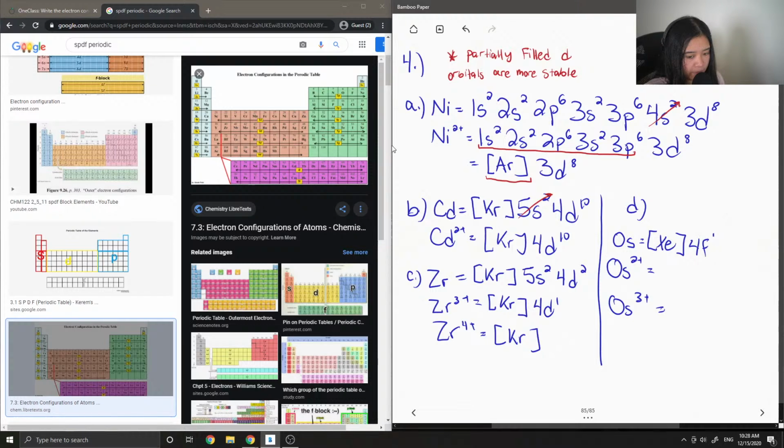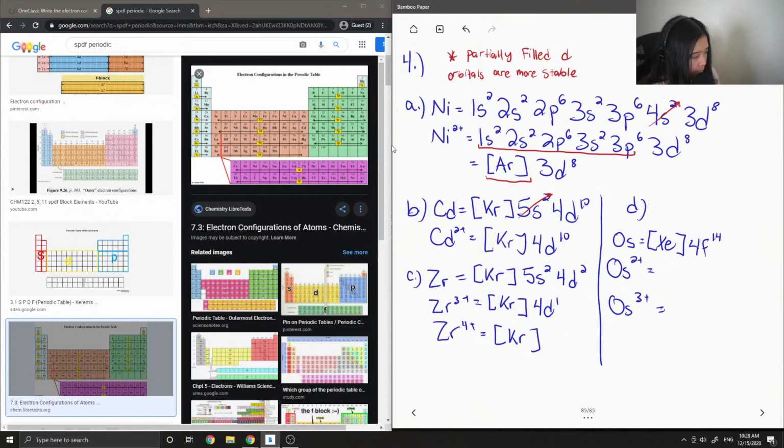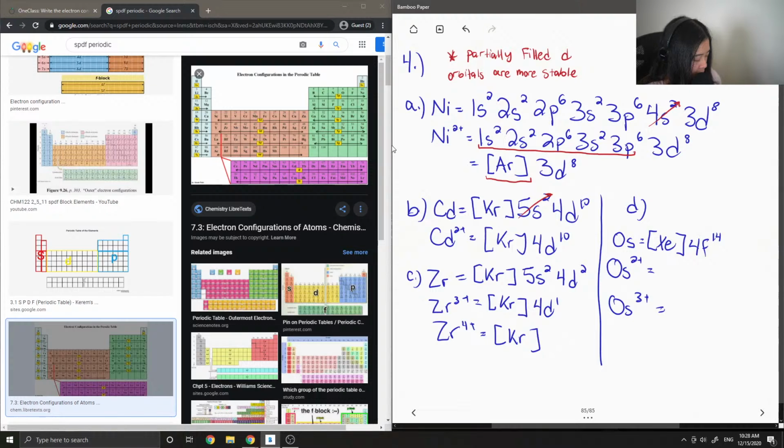So I'm going to put my 4f14, and then I'll write down my D block: 5d6, and then 6s2. I wrote my S block last this time, just so that it's easier to show how the electrons are taken away. If we were to take away 2 of these electrons, again, I'll be taking from the 6s2 orbital.